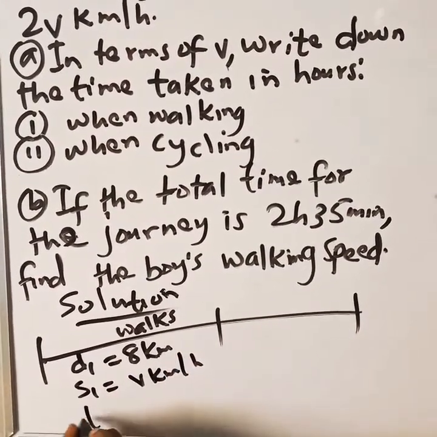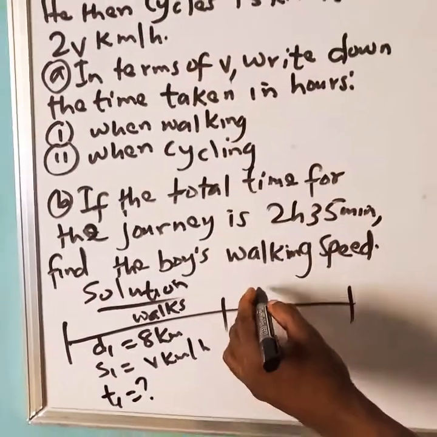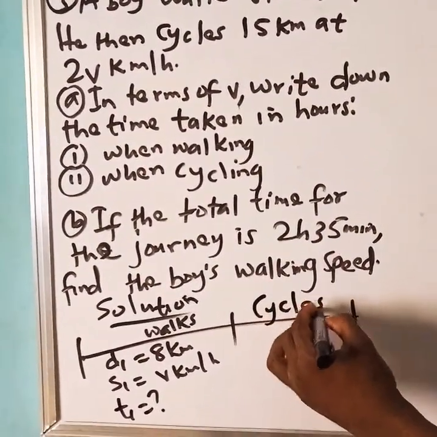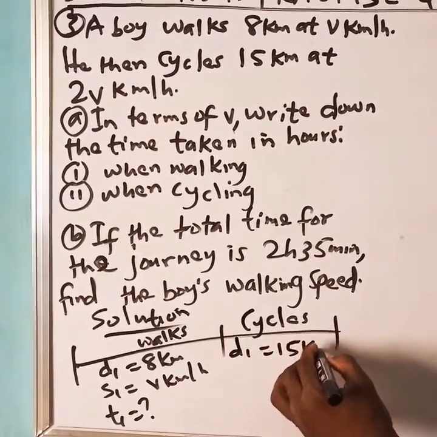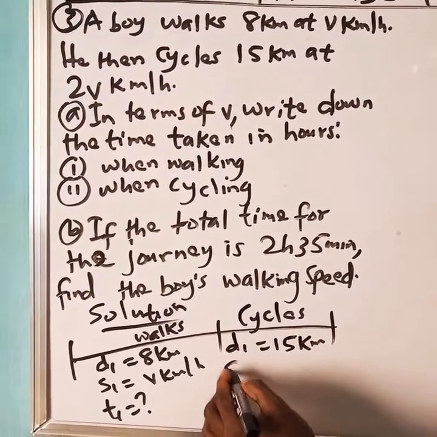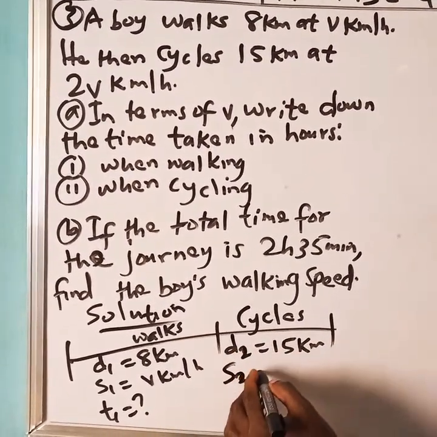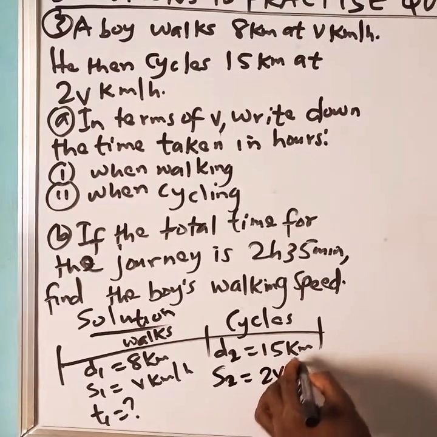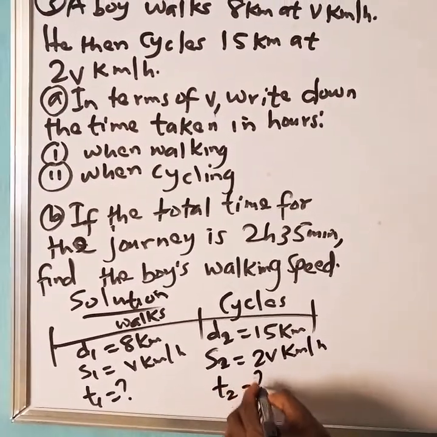So we need to know T1, the time taken. Now he then cycles 15 kilometers. So D2, the distance, is 15 kilometers at speed S2, which is 2V kilometers per hour. We need to know the time taken, that's T2, for that journey.